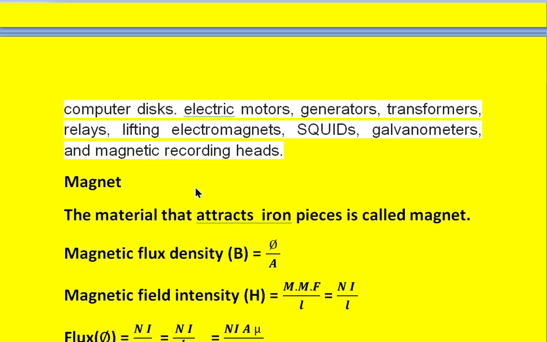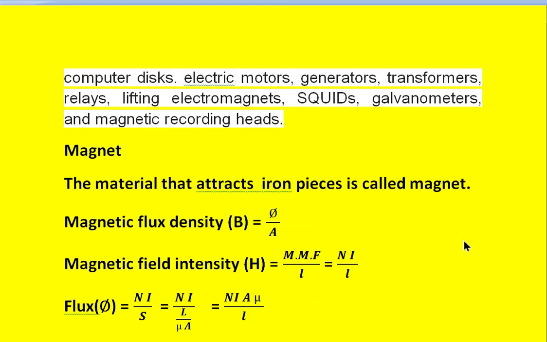So let us see the definition of the magnet. A magnet is nothing but a material which attracts iron pieces. The magnetic flux density is phi by A, represented by capital B, and the units are Webers per meter square or Tesla.